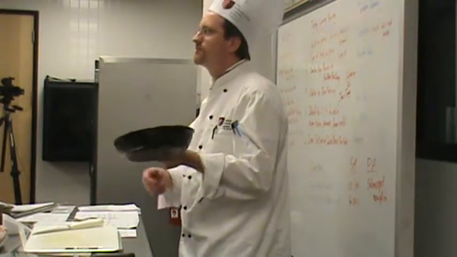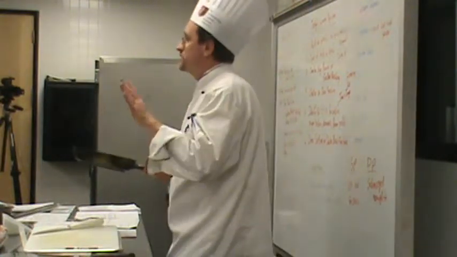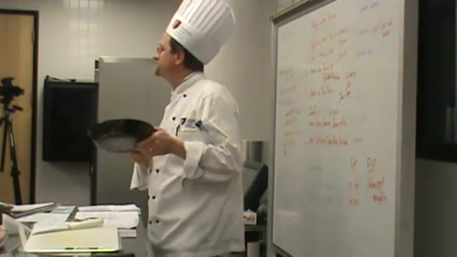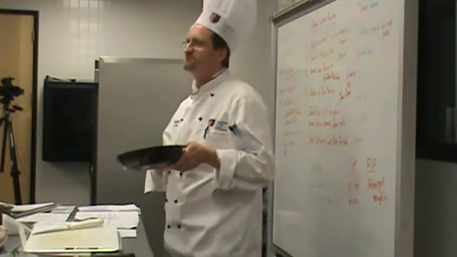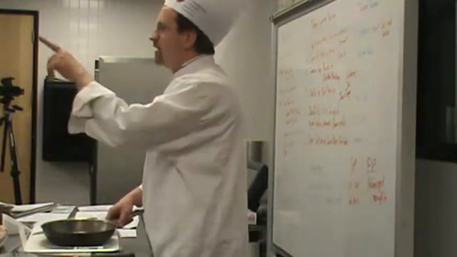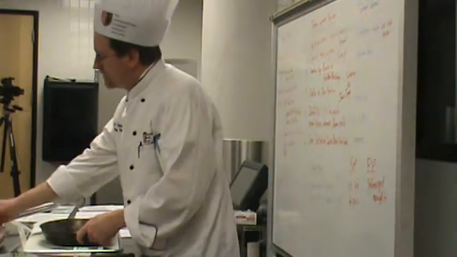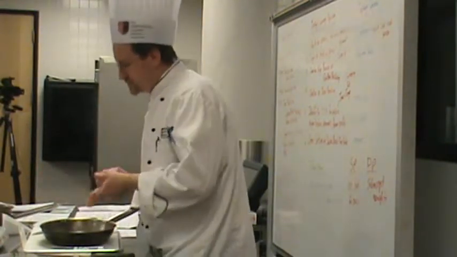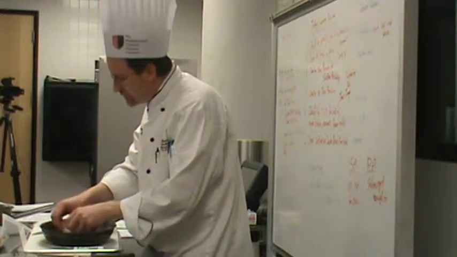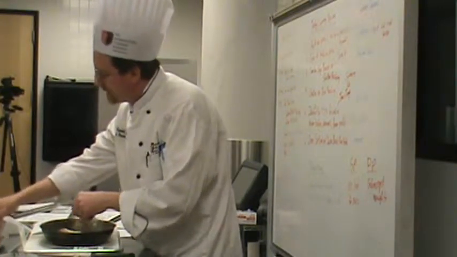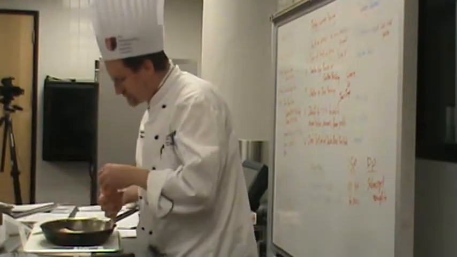That's the flavor. It's going to add the flavor of the shallots, absolutely. What else is it going to do? It's going to keep it from sticking. Exactly, great job. We put our chicken on there, it's going to prevent the chicken from adhering to the pan and control that cooking process.